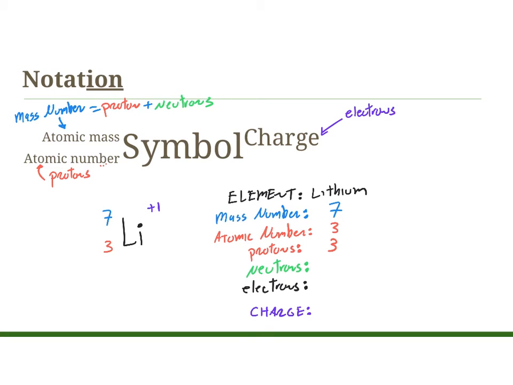And I see that this element has a charge, so the electrons we're going to have to figure out in a second. So the next thing that we're going to do is take a look at neutrons. Well, we know that neutrons is equal to mass number minus protons. So in this case, the mass number is 7 minus the protons, which is 3. So the number of neutrons in this case is going to be 4.